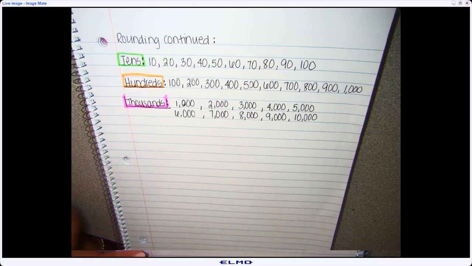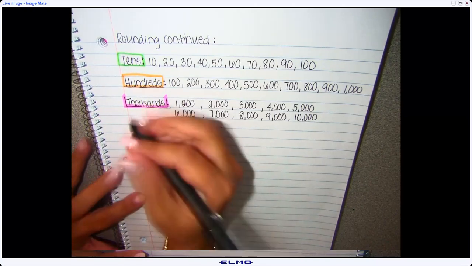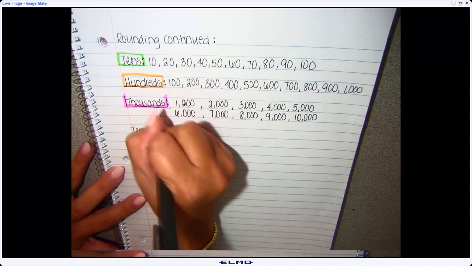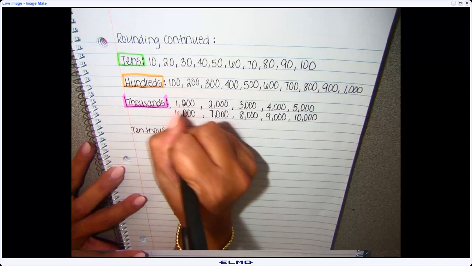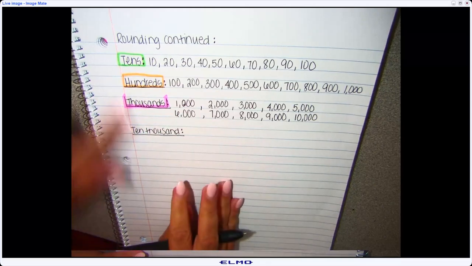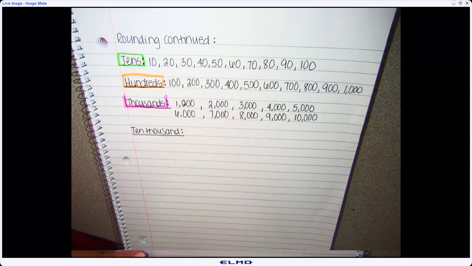If they tell you to round to the nearest 10,000, well, I can look at the pattern that is developing here.